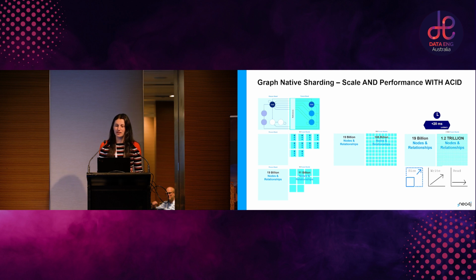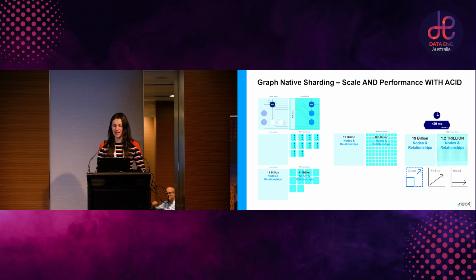So what we have here is this concept of unbounded scale, where you can still write data to your database really quickly, whether that be a person type of entity or a forum type of entity. And then also constant read performance. Whatever queries you want to run on that data, we still need to be servicing that and servicing it quickly.